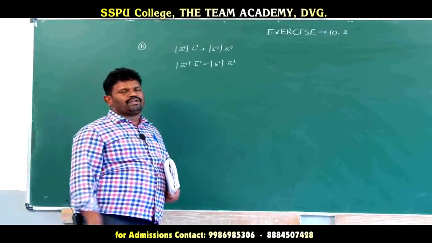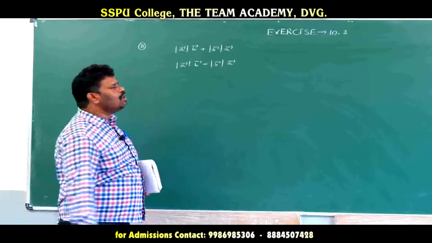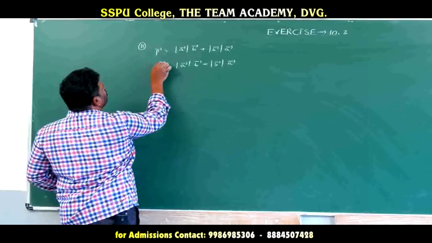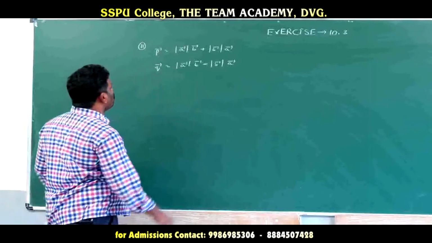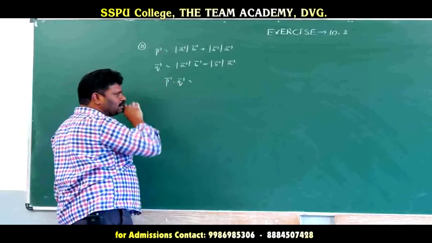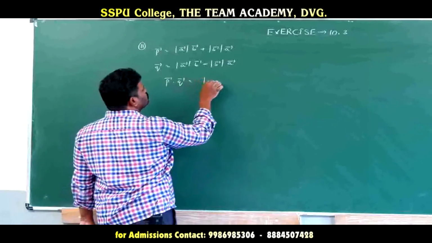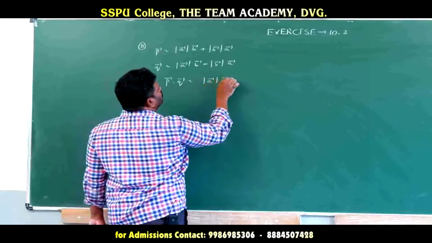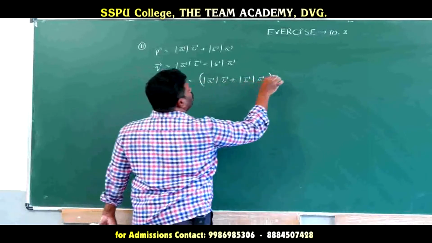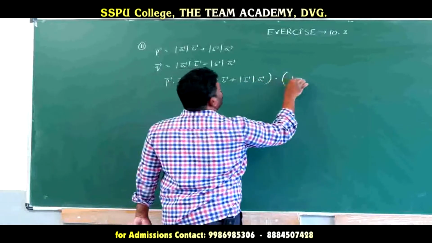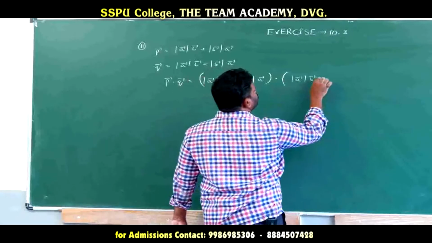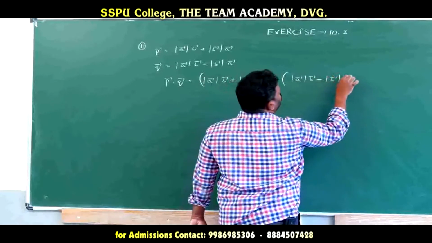Already we know that if two vectors are perpendicular, their dot product is equal to 0. So consider this value P bar and this value Q bar. Now find the dot product P bar dot Q bar, which is equal to magnitude of A bar into B bar plus magnitude of B bar into A bar, dot magnitude of A bar into B bar minus magnitude of B bar into A bar.